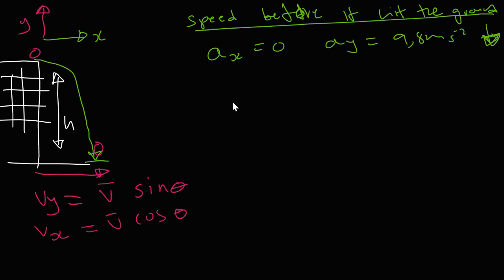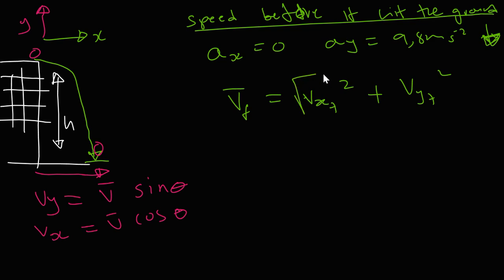Now, you remember we said these are vectors and they can be represented in terms of their components. We can say the v final, the v when it hits the ground, equals the square root of velocity x final squared plus velocity y final squared.